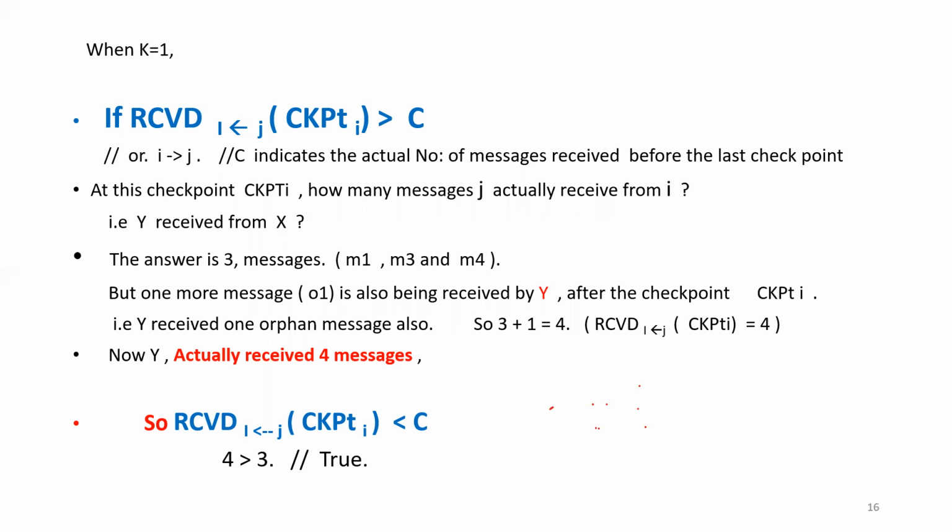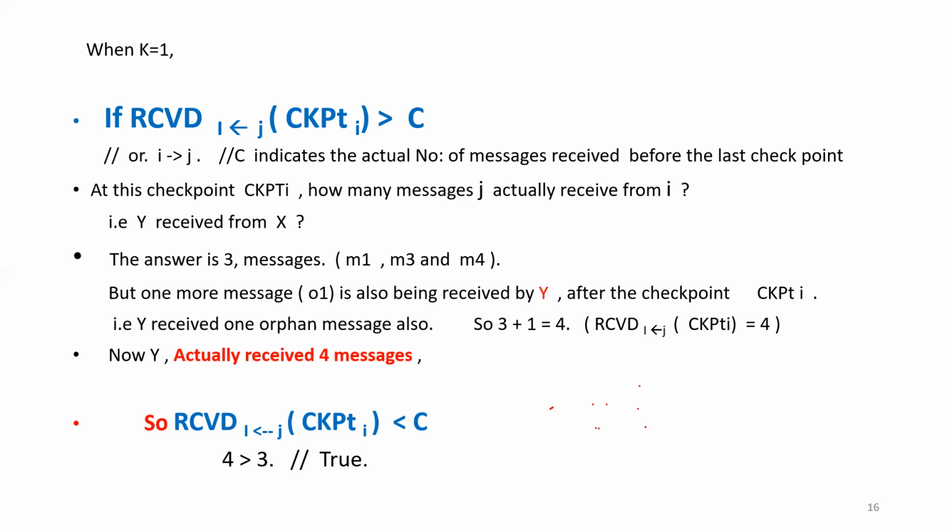Unknowingly, one other message is also received by the process Y. So 3 plus 1 equal to 4. Now the process Y received 4 messages. Out of the 4 messages, 3 were sent by X. One more message is also received, but the source of that message is unknown. So actually Y received 4 messages.